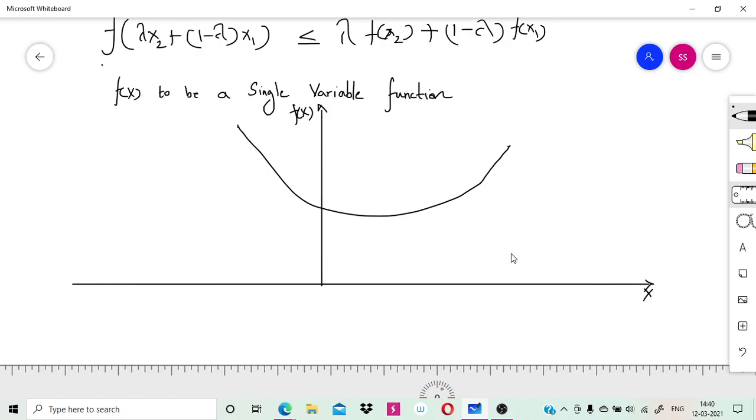I'm considering 2 points, x1 here and x2 here. The line segment joining these 2 points has an arbitrary point, let us say capital X, and this X divides the line segment in the ratio lambda is to 1 minus lambda.